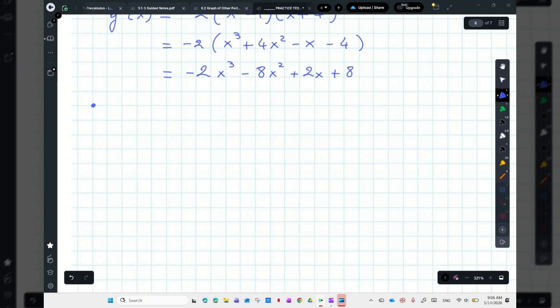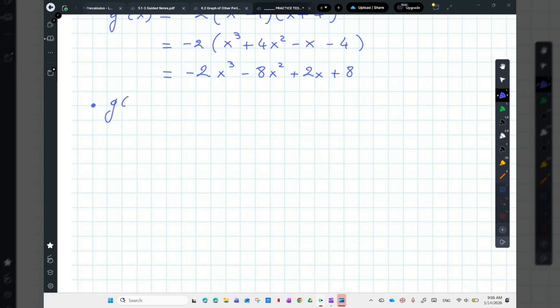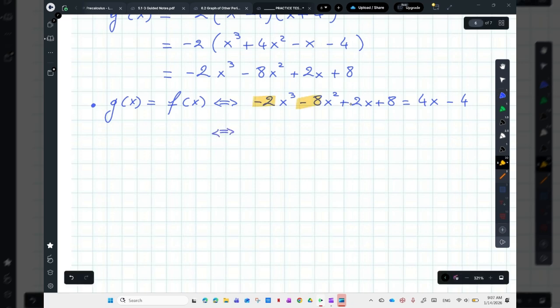And finally, to find the intersect between their graphs, I need to solve g of x equals f of x. So I will have negative 2x cubed minus 8x squared plus 2x plus 8, which will be equal to f of x, which is 4x minus 4. And here I notice that all coefficients can be divided by negative 2. So I'm going to do that right away.